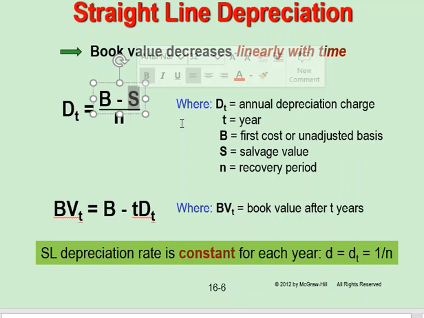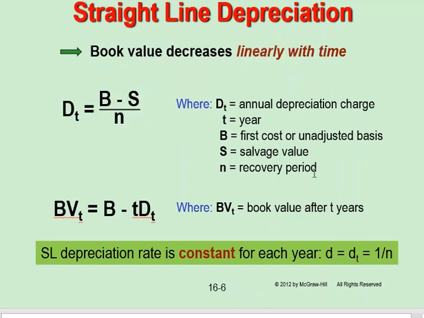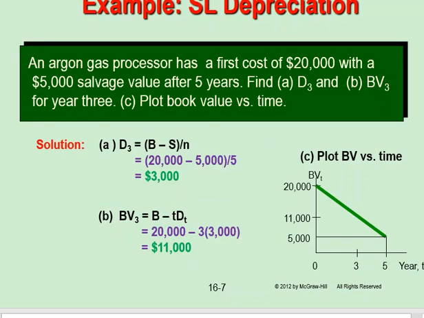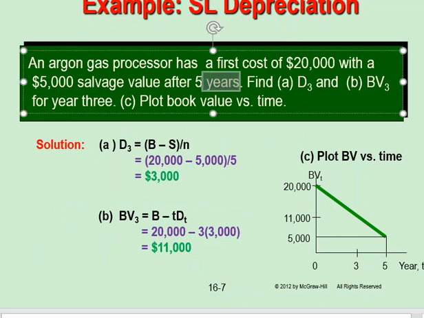It is not salvage value for year 1 or year 2. No, it's related to N, the recovery period. So if the total depreciation is 5 years, the salvage value is after 5 years. They are telling me to find D3, whatever.